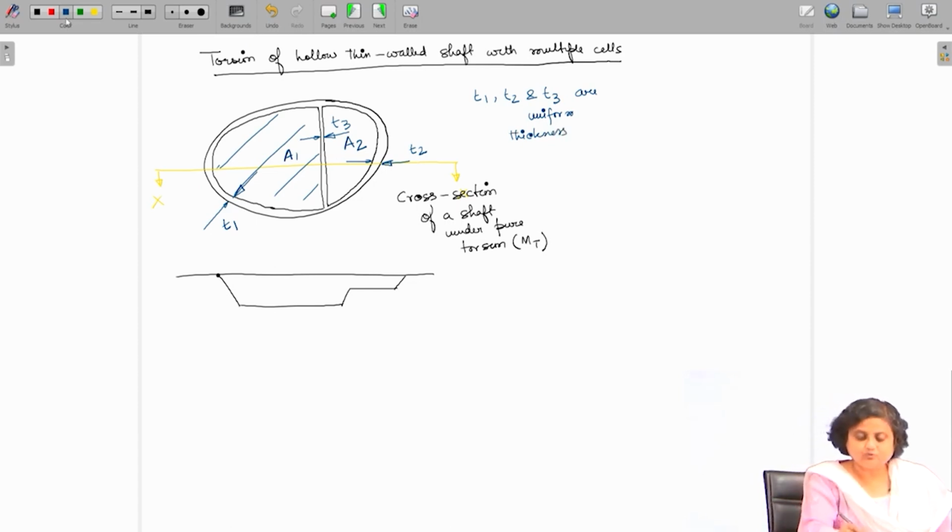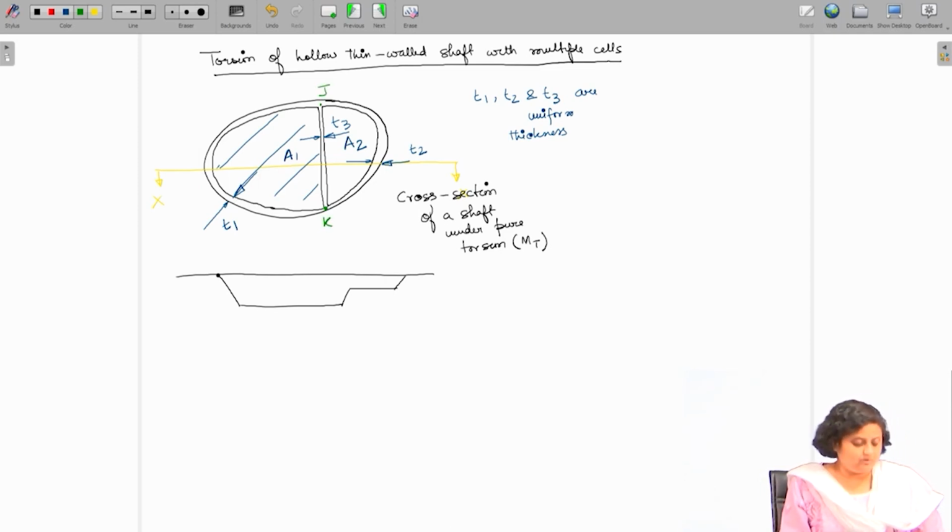So, let these two junctions that we have between the two cells be named K and J. Now, let us see if we can handle this problem and find out the torsional behavior of this shaft with this particular cross section using membrane analogy.